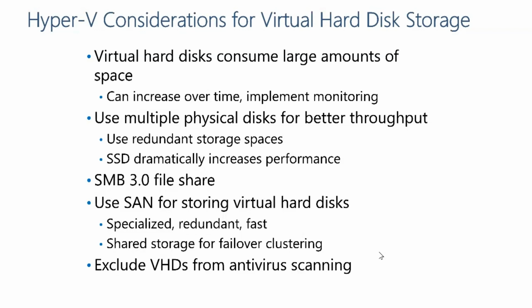We can use storage SANs for storing virtual hard disks. They are usually specialized, they're redundant, they're fast, and the shared storage basically allows for all those functions that we like, the failover, high availability. So it's called failover clustering here, but in VMware it's called high availability. It can be used, and obviously makes the live migration or vMotion a lot easier.